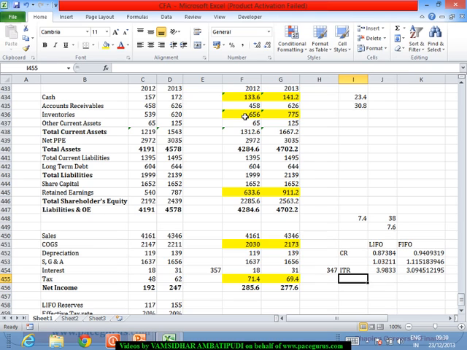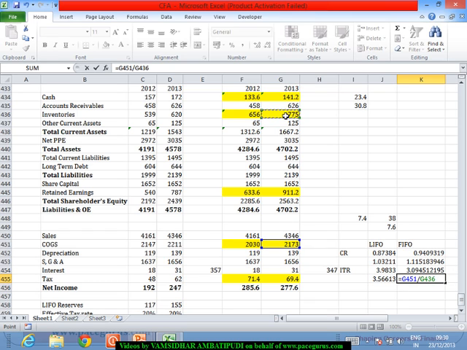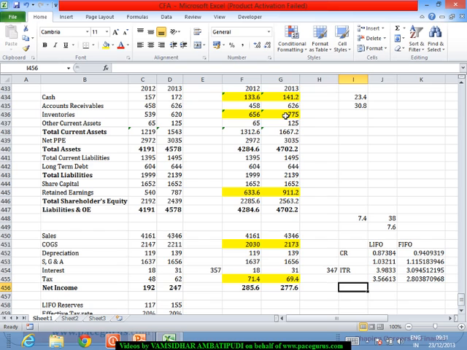So that's where, in the inventory turnover for both the years, we will observe cost of goods sold divided by the inventory. When I go with LIFO based, I am getting 3.56, but when I go with a FIFO base, I am getting only 2.8. So inventory turnover in FIFO is much lesser compared to that of LIFO.